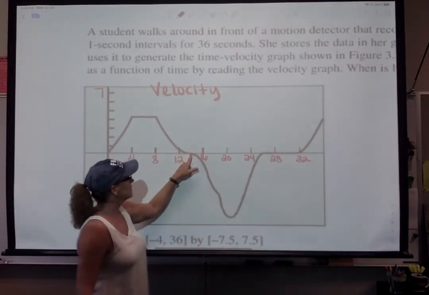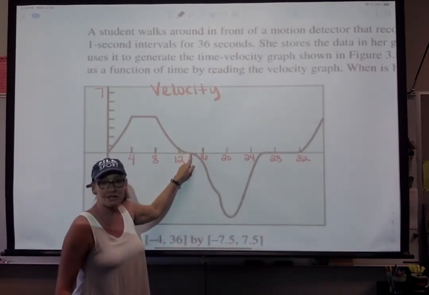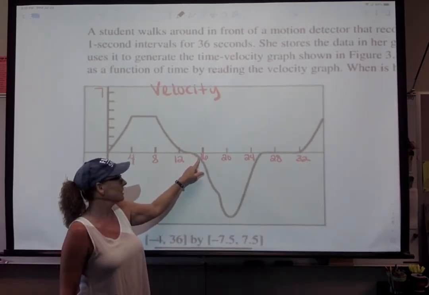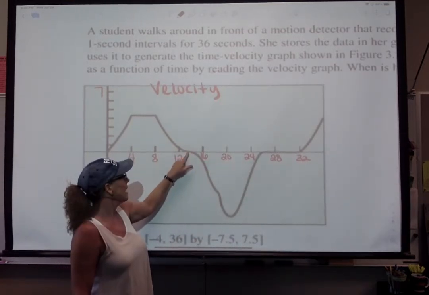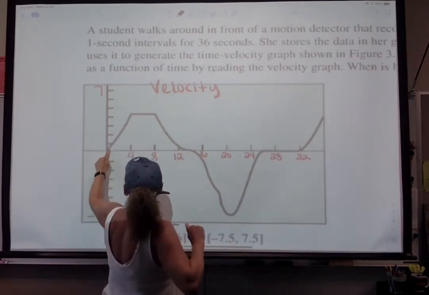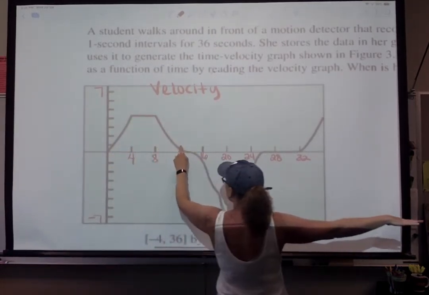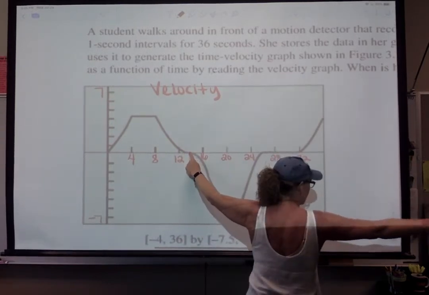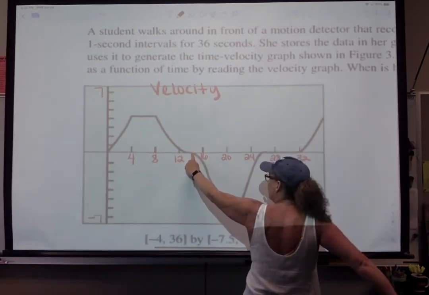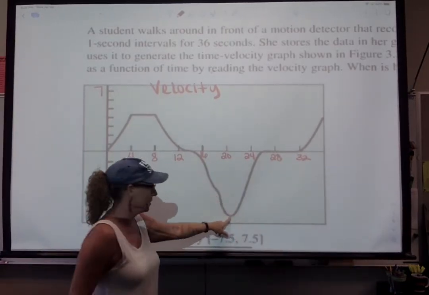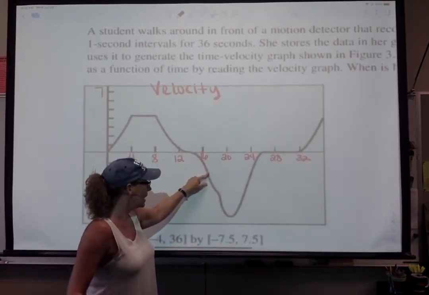Oh, at about 14 seconds, she stopped. And then what did her velocity do? Then her velocity became negative. So now I think she was moving to the right, she sped up, constant, she slowed down, still right, stop. Turn around, go left. Now she's going left, speeding up, faster, faster.